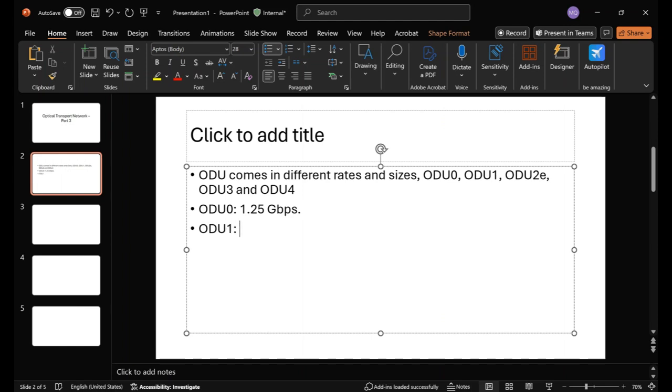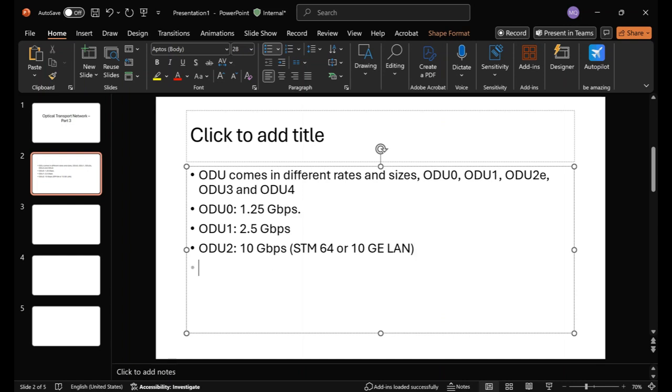ODU1, 2.5 Gbps, used for STM-16 or OC-48. ODU2, 10 gigabits per second, STM-64 or 10 GigE LAN.